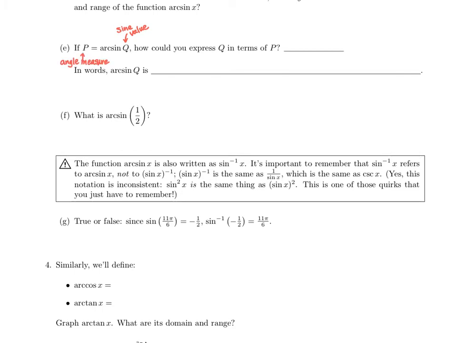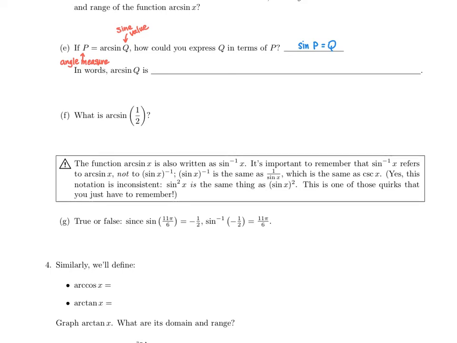So if we're asked, how could we express Q in terms of P? Well, if we actually computed sine of the angle measure, we should get the sine value out, meaning that sine of P equals Q. That's the relationship when you see that P equals arc sine Q. This is similar to a logarithm, right?